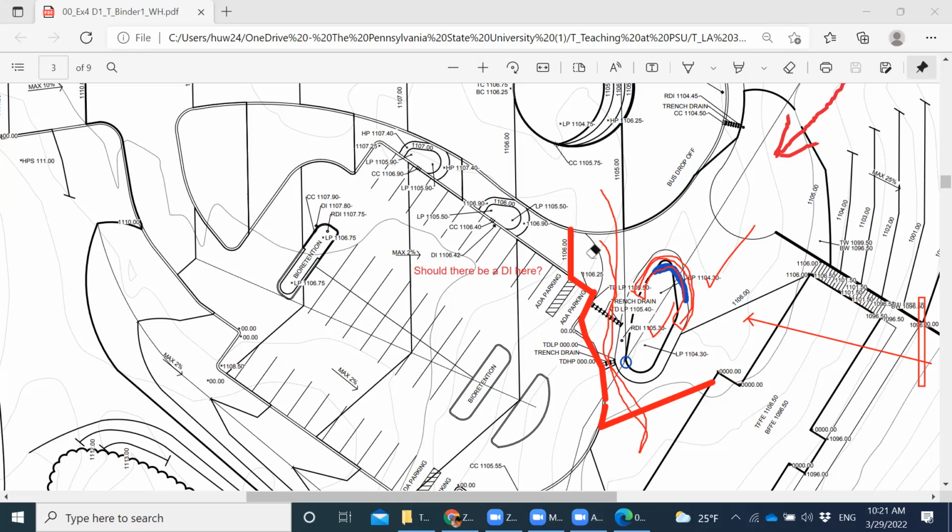Let's see if the TD and everything works well here. Hey, I have another question about the wall. For a swale like this, for labeling, this is a silly one, but would you mark the top of the wall as HP? No, you wouldn't. You can directly use B wall and T wall. Okay, cool.